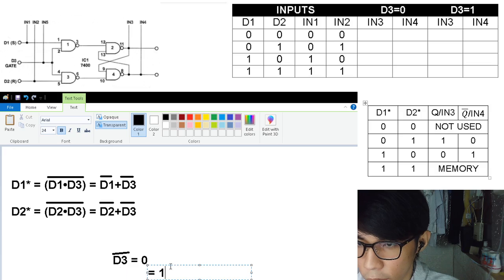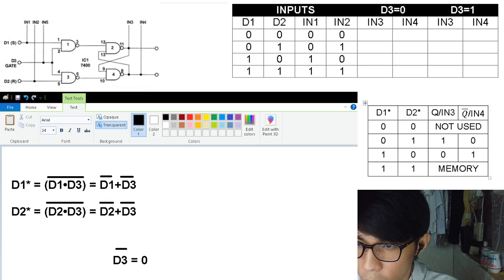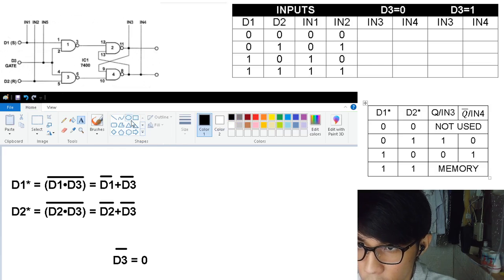So we can type here that D1 plus 1 and D2 plus 1, self-complement.